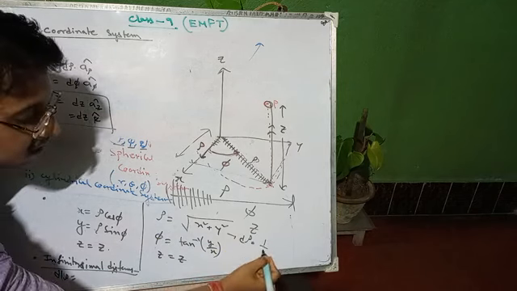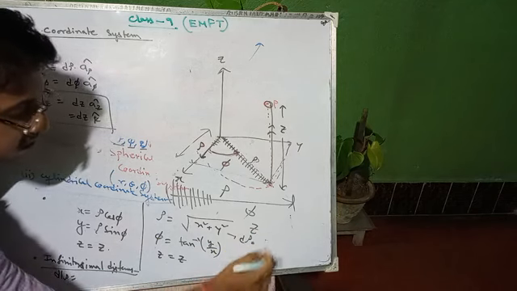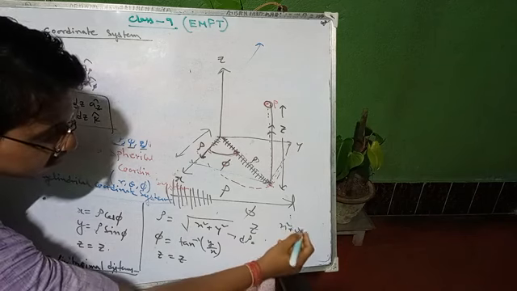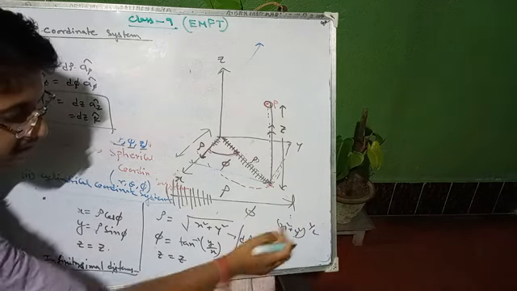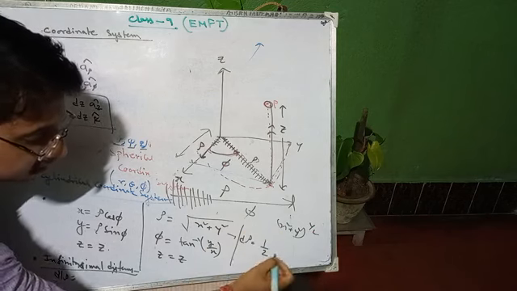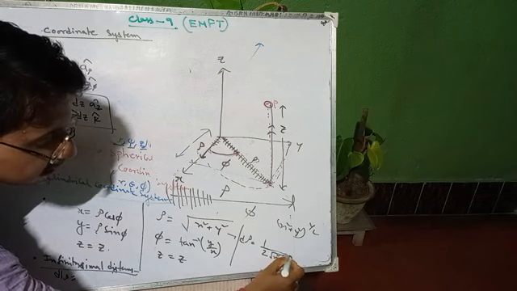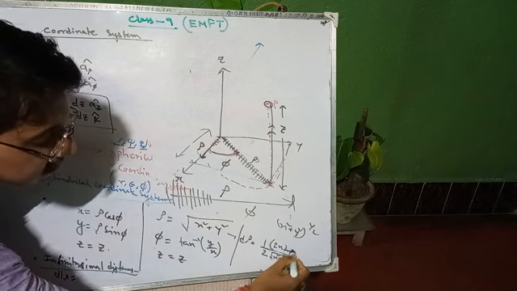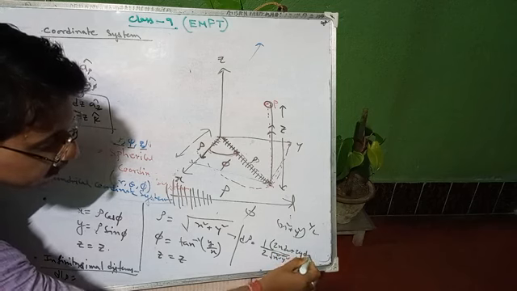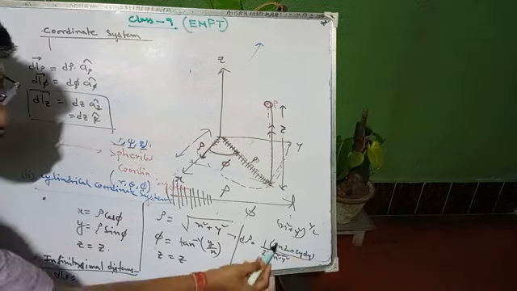It will be half into x square plus y square to the power half. If we differentiate it, half will come here, and root of x square plus y square will be the denominator, and here it will be 2x dx plus 2y dy. So by taking 2 common, the 2 will be cancelled out.